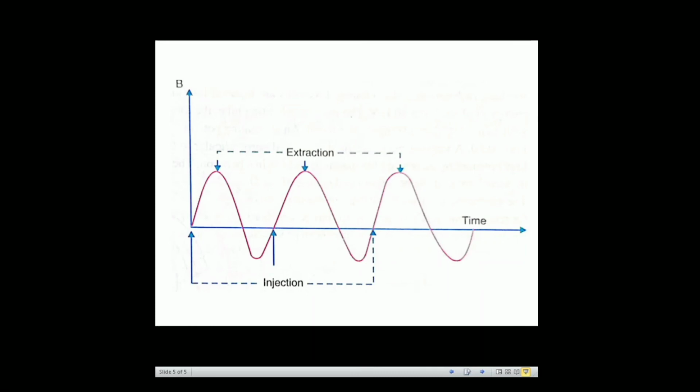So basically in a Betatron, the Betatron condition is achieved, the electrons move around in circular paths of constant radius, and they are injected into the chamber when the magnetic field starts increasing and ejected out when the magnetic field reaches its peak.